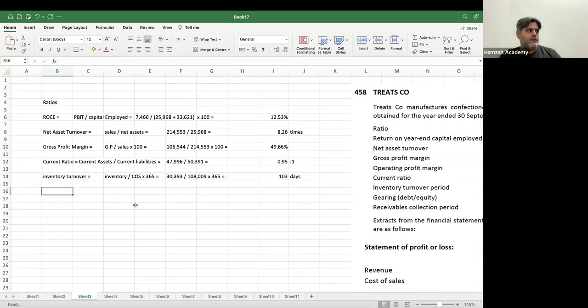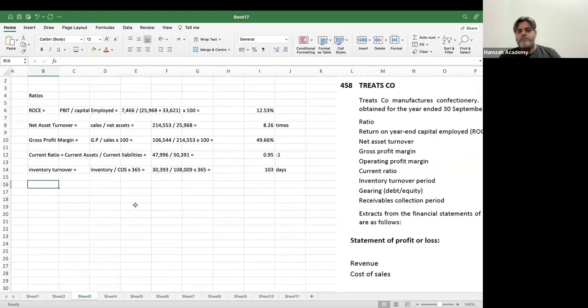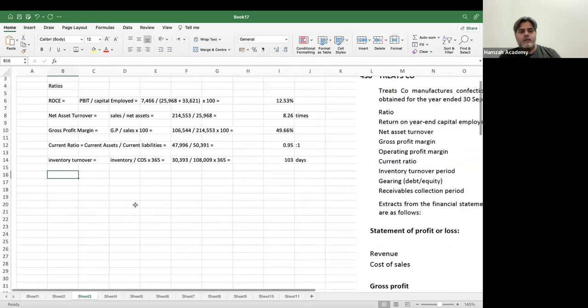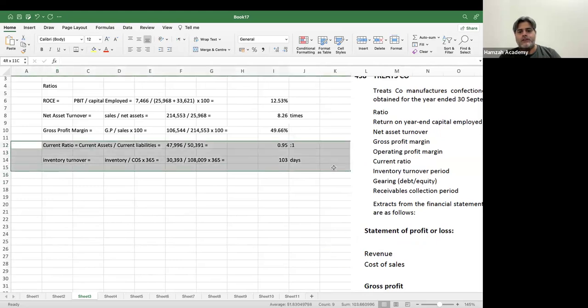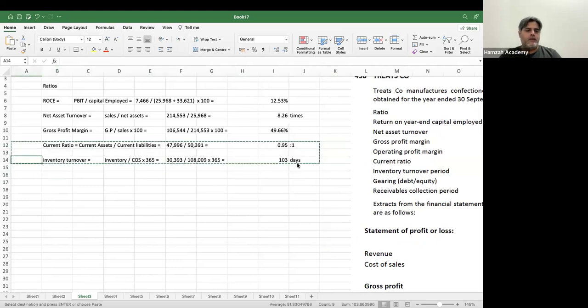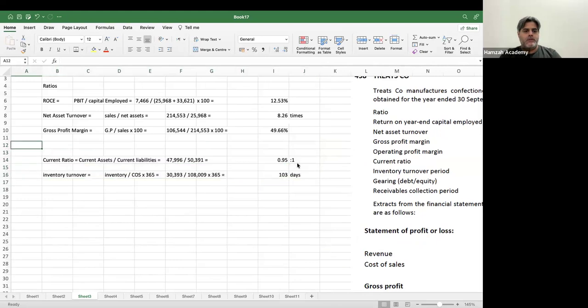After the gross profit margin, we had the operating profit margin, which I forgot to calculate. Oops. Let's calculate the operating profit margin as well. That is operating profit by sales into 100.